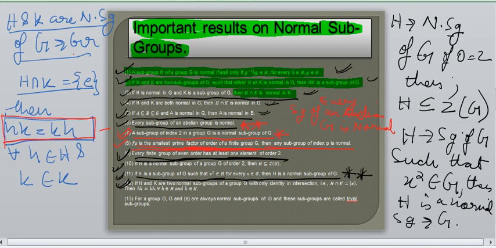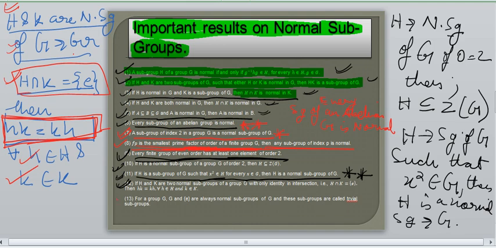It is too important that this condition is necessary. It means if H and K are two normal subgroups of a group G, and their intersection is the identity element, then this criterion is satisfied, where the small h belongs to the capital H set and the small k belongs to the capital K set.